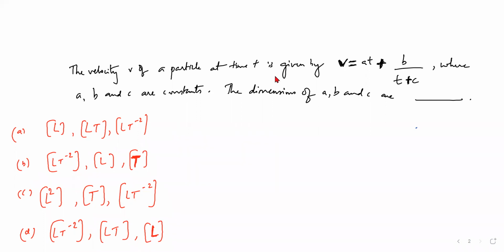Now if you observe here, you have t plus c. That means t is equal to c. What is the dimension of t? So where do you have t? That's all. Need not solve, need not do anything. Just see that the equation follows the principle of homogeneity, and directly write. This question was asked in NEET 2006. Clear?